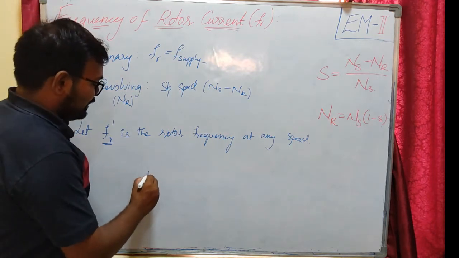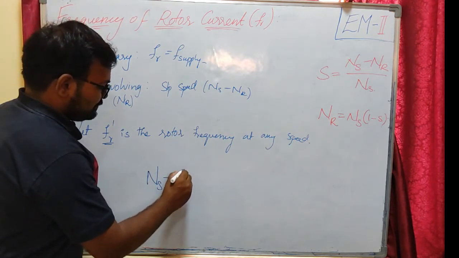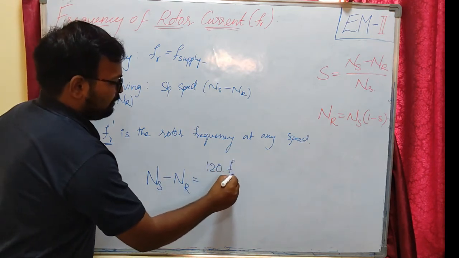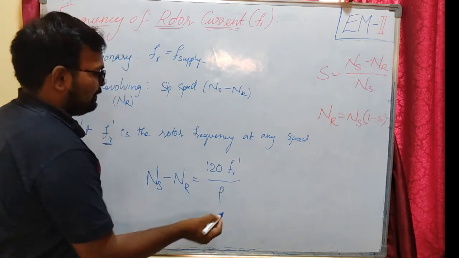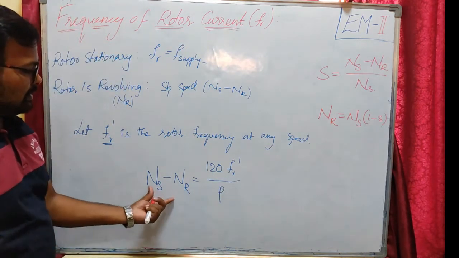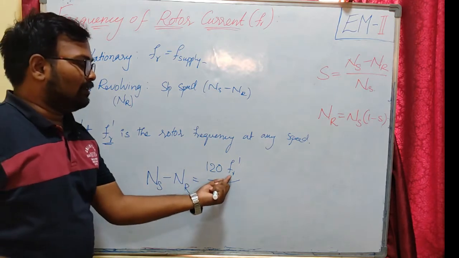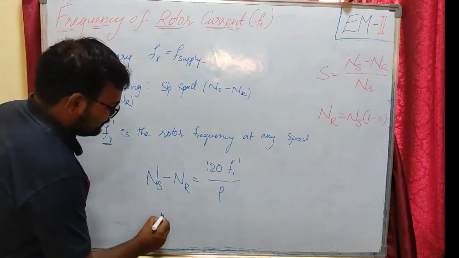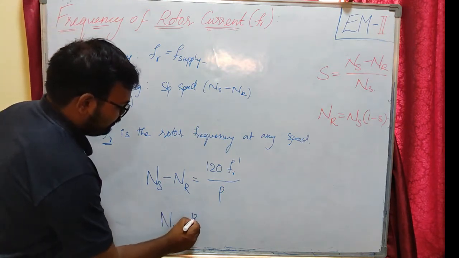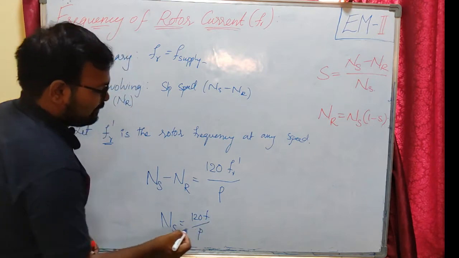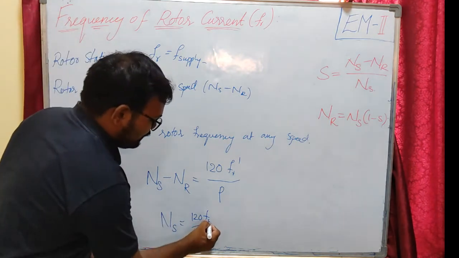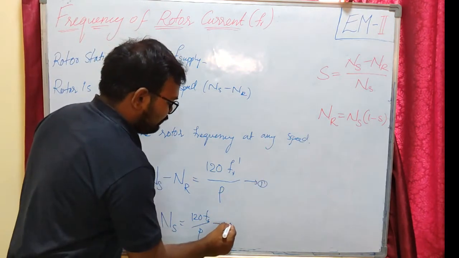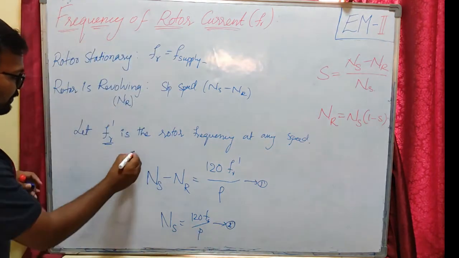That means I can write the slip speed, ns minus nr, equal to 120 into Fr dash by P. So this is the slip speed expression for Fr dash. Fr dash is the rotor frequency at any speed. So I have the expression for synchronous speed, which is equal to 120 F by P, where F is the supply frequency here. If I divide equation 1 and 2, the expression will be like this.